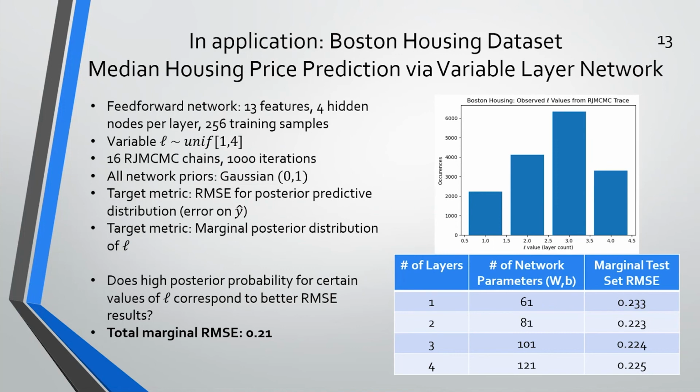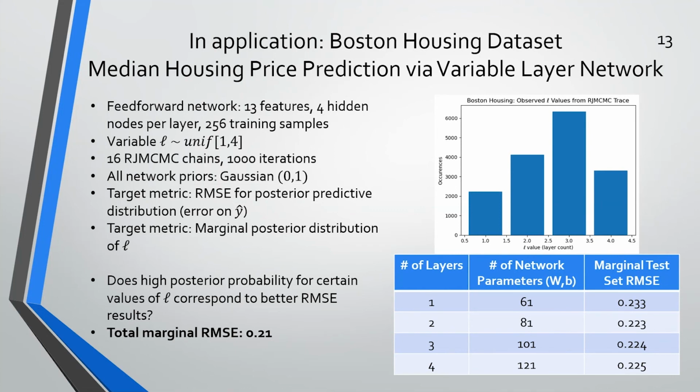And so the key detail here is that when I implemented this particular sampling, I specified a variable L controlling the number of hidden layers in the network that could vary between 1 and 4 layers.